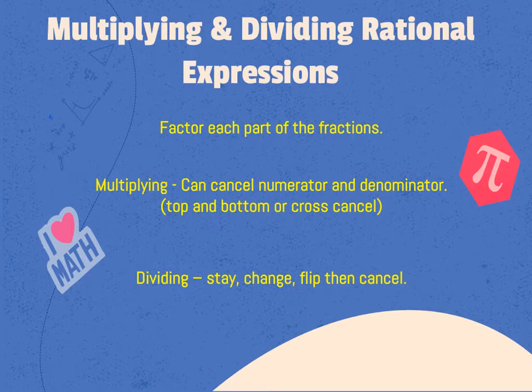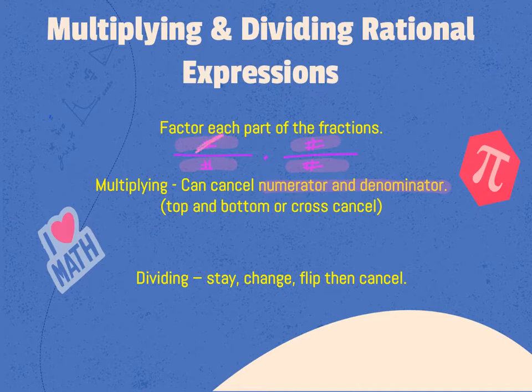So if I've got something in the top here, times whatever this is, over this one. Not necessarily factoring all 4 parts every time, because some of them won't be factorable. But if they are factorable, you're going to have to factor this part, this part, this part, this part. And then you can cancel the numerator and the denominator, either top to bottom or cross cancel.